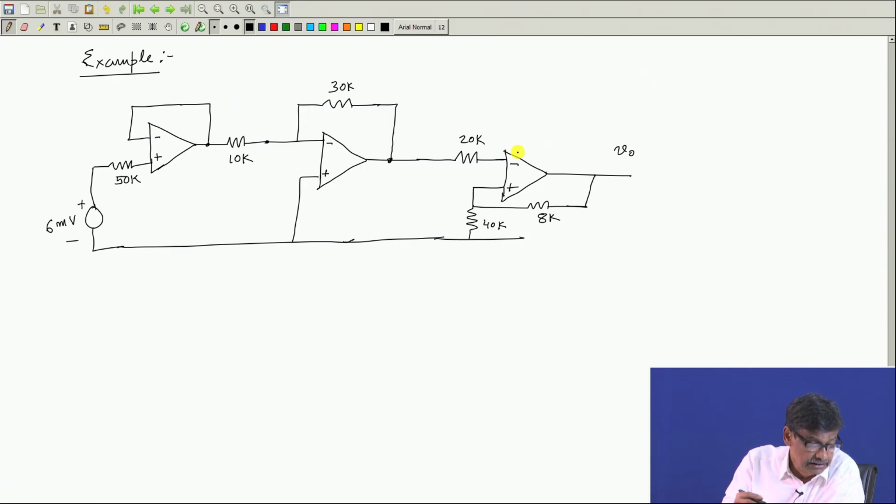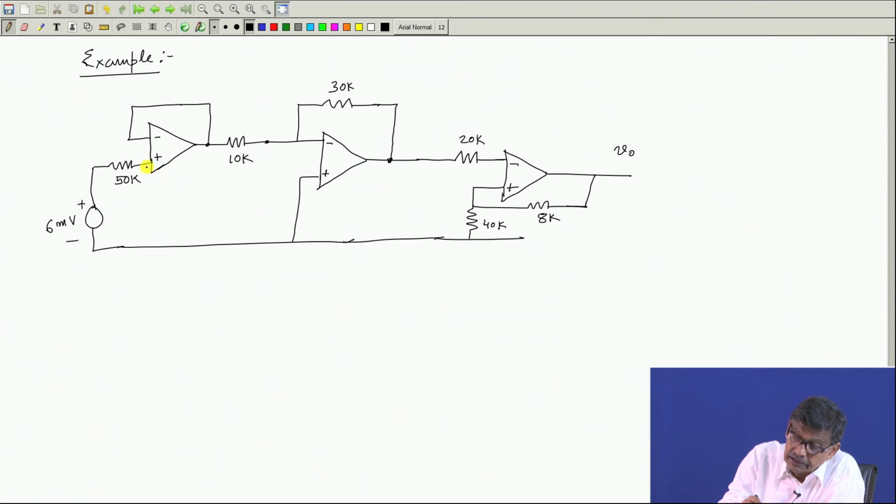Now, for this problem, how to proceed? First of all, here is a negative feedback for this op amp. So, this current is 0. If this current is 0, there is no voltage drop here.